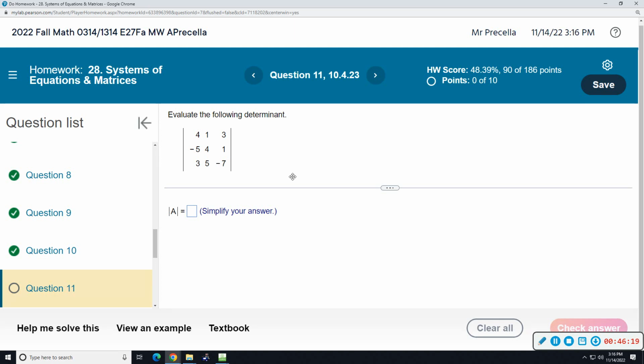It's going to be a little bit more involved to find the determinant for one that's this big. So let me write it down. Number 11. So I'm writing this one down.